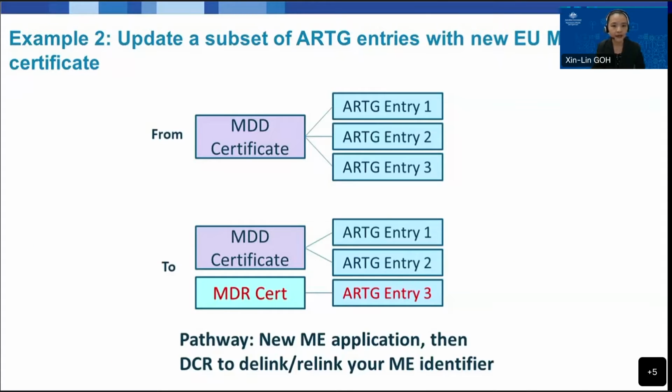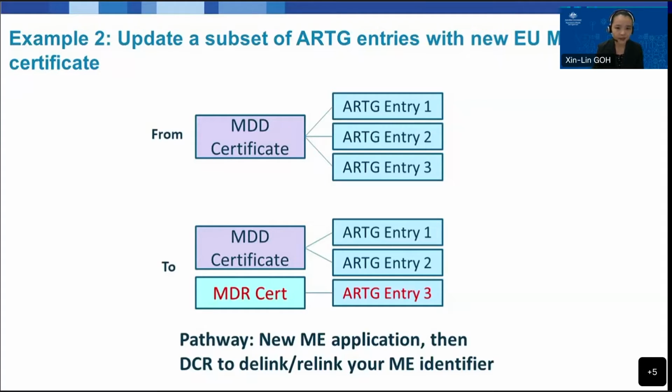And in this second example, the sponsor has 3 ARTG entries that are associated with one MDD certificate, but they are only seeking to update a subset of them to be associated with the new MDR certificate. So therefore, in this scenario, the sponsor will need to retain their old MDD certification on file as it is still linked to ARTG entries 1 and 2, and will need to submit a new manufacturer evidence application for their MDR certificate.